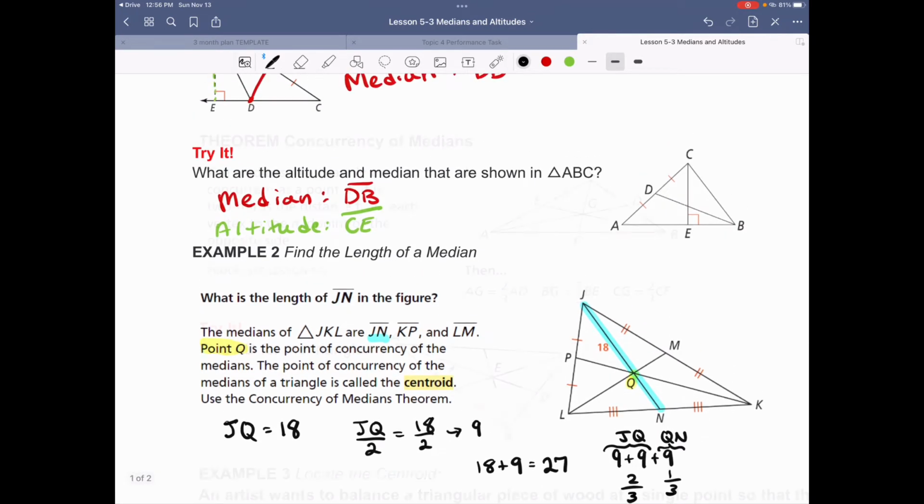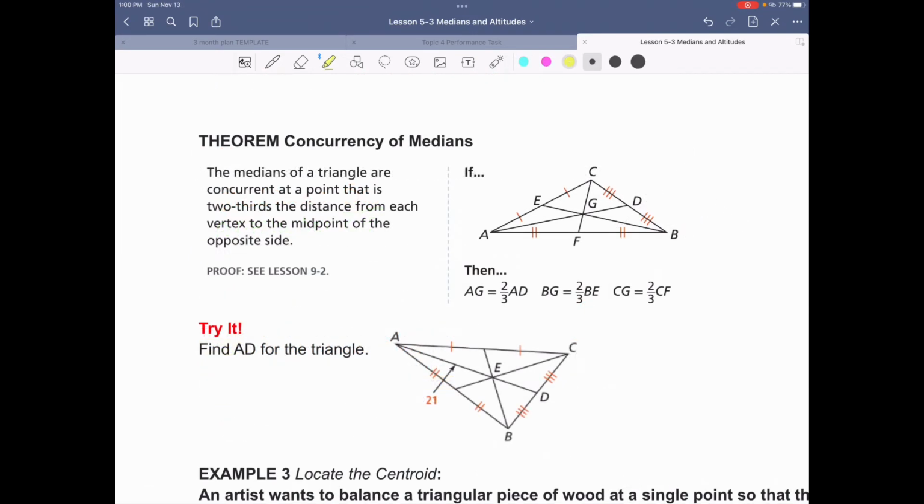Right, and turn the page when you're ready. This is the theorem for concurrency of medians. And it's saying that the medians of a triangle, which you can see in this triangle, ABC, are concurrent at a point that is 2/3 the distance from each vertex to the midpoint of the opposite side.